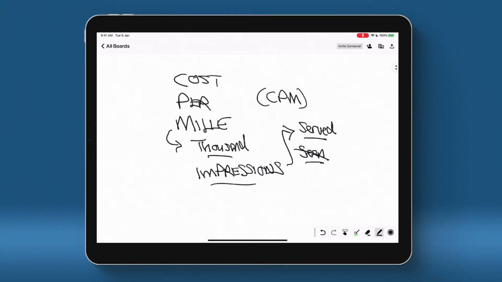CPM is per 1,000. So the price that you pay is denoted in CPM. For example, $5 CPM simply means that for that particular ad, at that particular time, for that particular audience, after 1,000 impressions of the ad, you'll be charged $5.